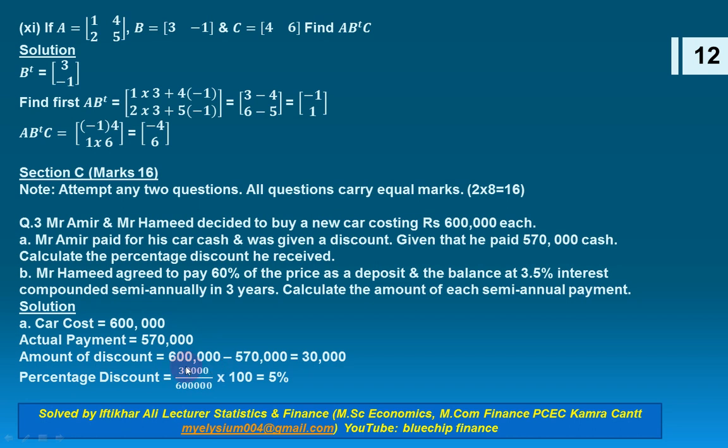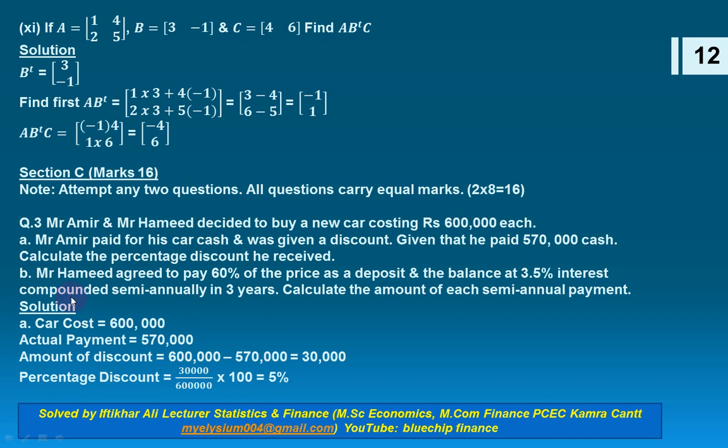The way to calculate is very simple: how much he is saving, and the amount is 30,000, and the total price of the car is 600,000. So simply we calculate the percentage. 30,000 divided by 600,000 multiplied by 100 equals 5%. So he is getting a 5% discount on this price.